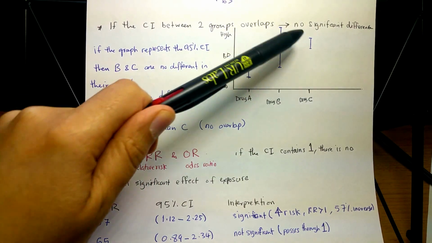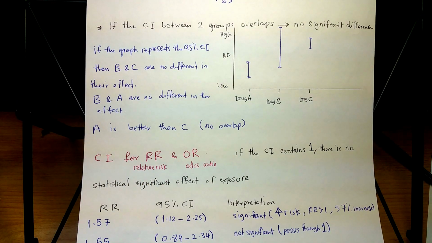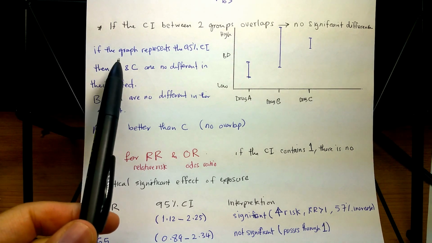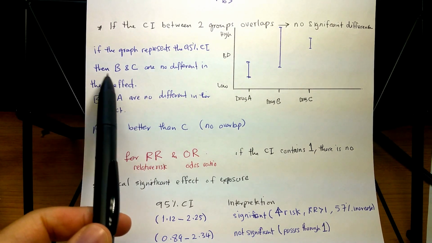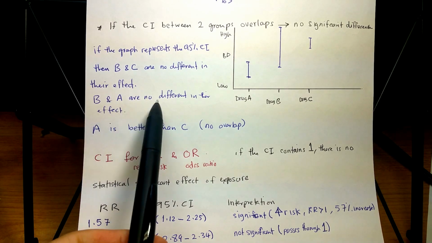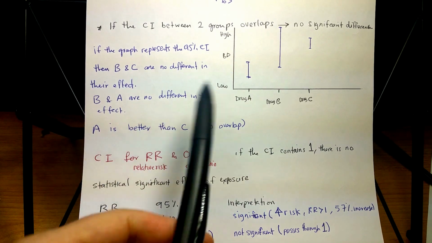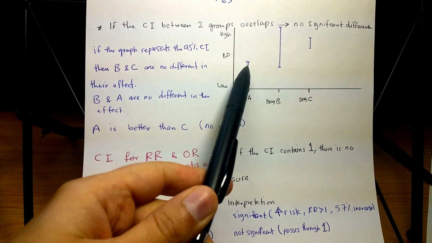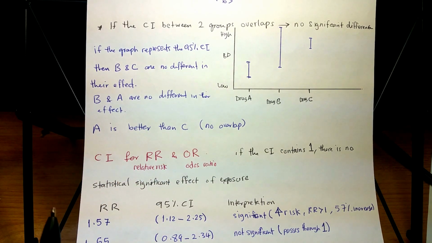But drugs A and C are not overlapping. Because B and C are overlapping, there's no difference in their effect. We can't conclude there's a difference. B and E also show no difference in their effect. But A, because it makes the patients have lower blood pressure, is better than C.